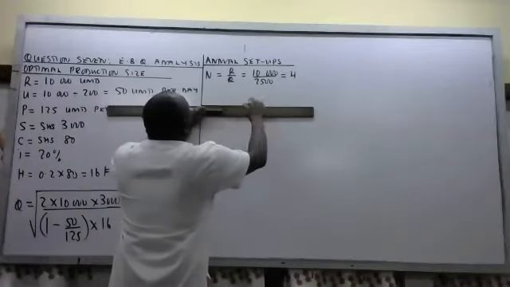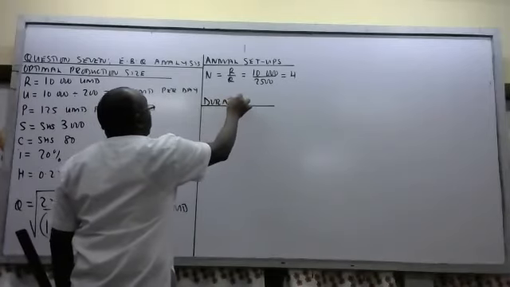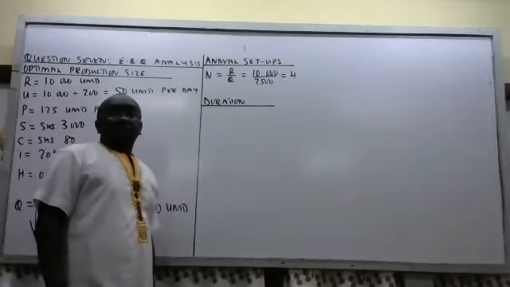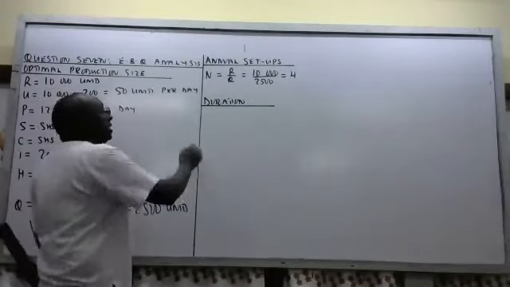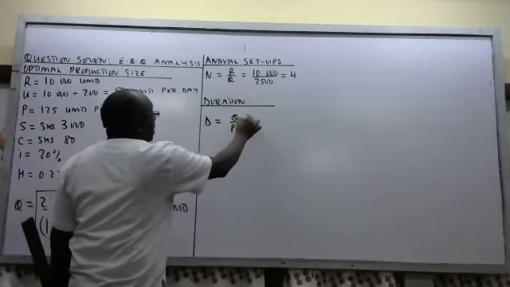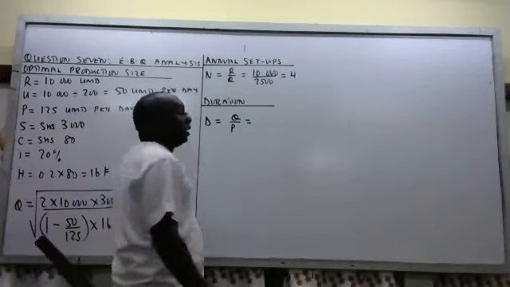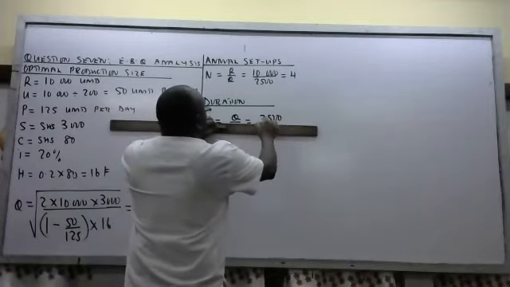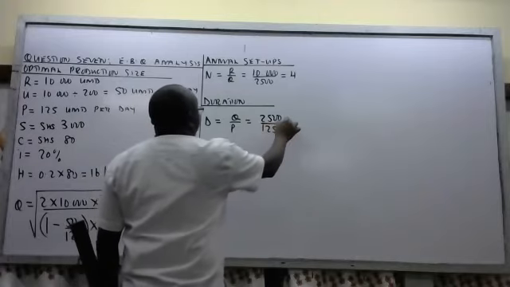The next thing is what we call the duration of a production run. We have said it is given as Q divided by P. Our Q is 2,500, and you divide by P, which is 125.